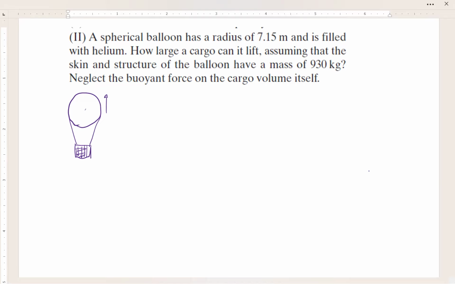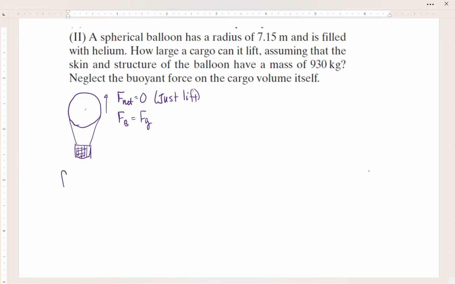So we're going to write down what we know, and we're going to look at all of our forces. Since it's just lifting, we know that our net force is going to be equal to 0, just lift. And therefore, our buoyant force is going to equal the gravitational force. So that's our starting point. That's where we need to be.